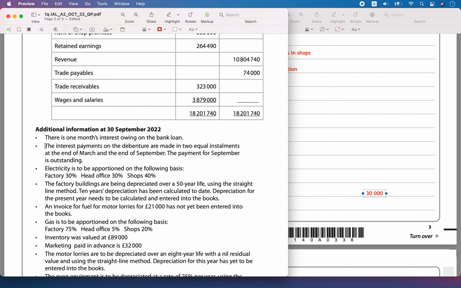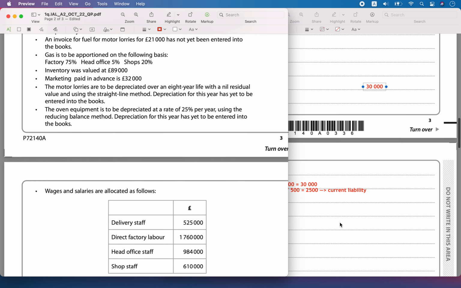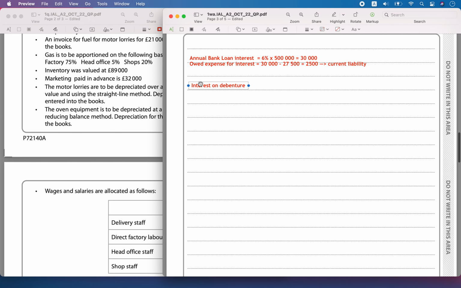Then you have the interest payment on debenture to be made in equal installments. They are paying in 2 equal installments, one in March and one in September. So September is outstanding. Let's calculate the annual interest payment for the debenture.